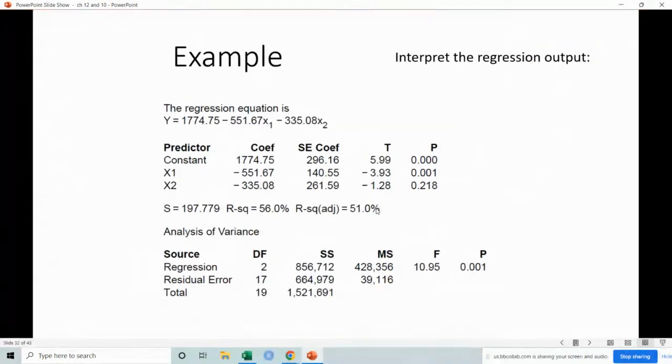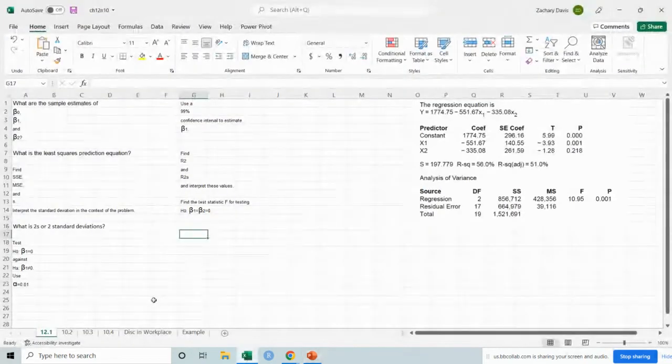Okay, so we talked about some important terminology and definitions, but now let's look at how to interpret some output. We're given this model. If you put in some data and run regression in Excel or SPSS or SAS or R, you'll get this kind of output spit out. What you need to do is understand how to interpret it. We'll look at the different values here.